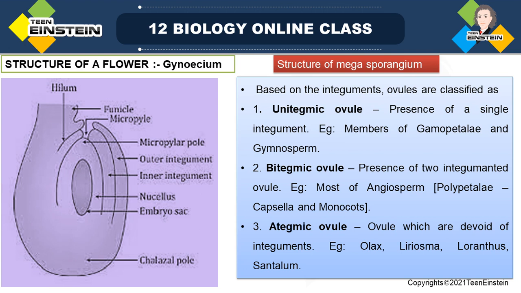Just now we explained the classification based on the development of nucellus, and now this classification is based on the integuments. Important NEET questions, note down. Unitegmic ovule means presence of a single integument.